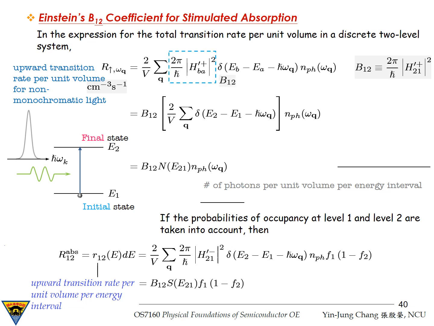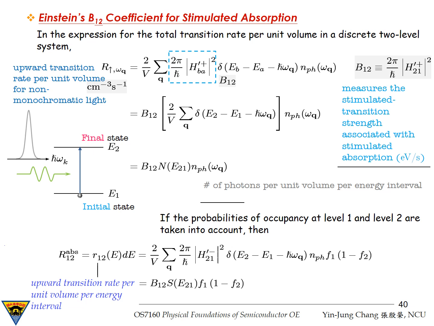We then define B12 equals 2 pi divided by the reduced Planck constant times the absolute square of the matrix element, where H sub 21 prime plus represents the matrix element associated with photon absorption. The coefficient B12 measures the stimulated transition strength associated with stimulated absorption.